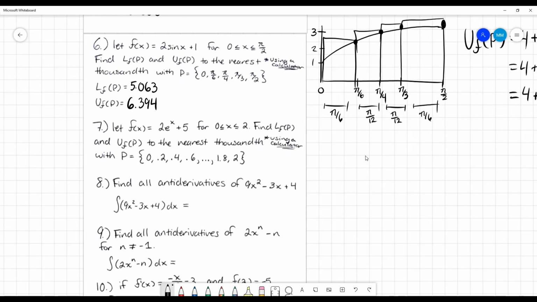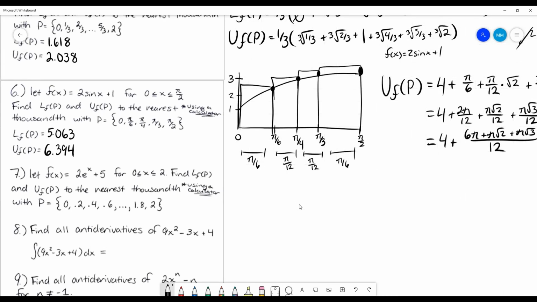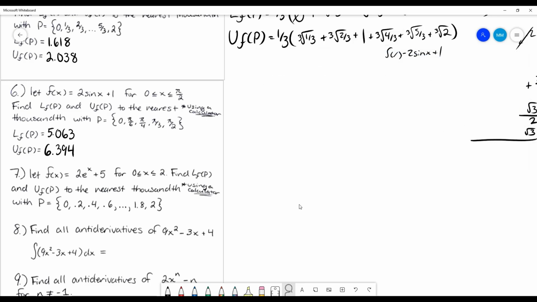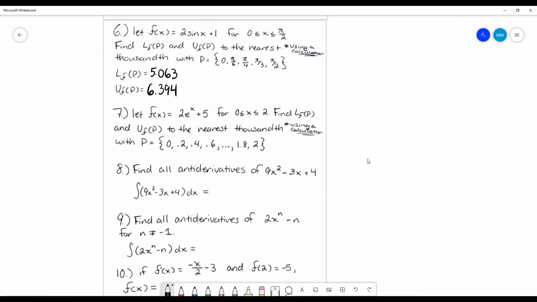Continuing on, we've got another one of these, and it goes out pretty far. This one's not a fun one. I don't know exactly how they wanted us to use the calculator for this one, because they didn't fully instruct us, but I did figure out basically how to do Riemann sums in calculator. So I'm actually going to do that here because this is a lot of subintervals.